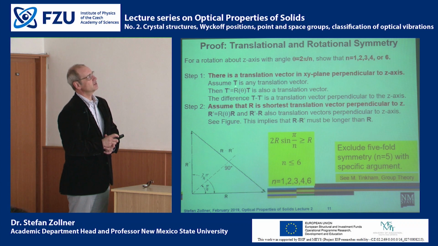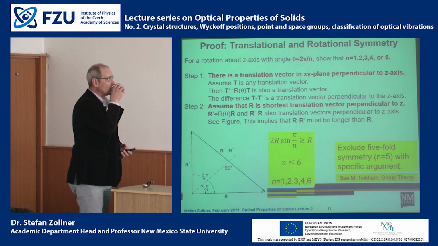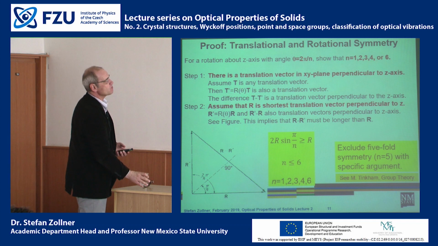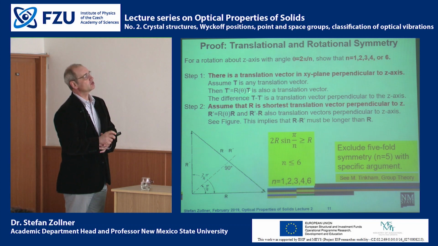So we assume that T is an arbitrary translation vector in the Bravais lattice, and then T prime, which is the rotated translation vector, is also a translation vector. That is an outcome of the rotational invariance.